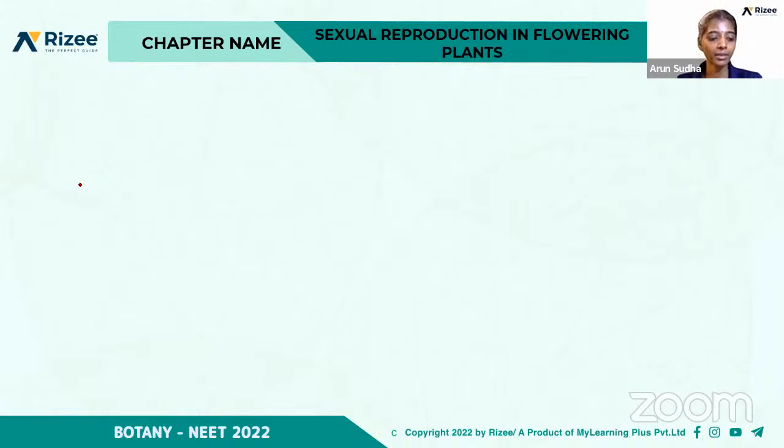Okay, the next question. Chasmogamy refers to the condition where the flowers remain closed, flowers absent, flowers open, or flowers are gamopetalous.